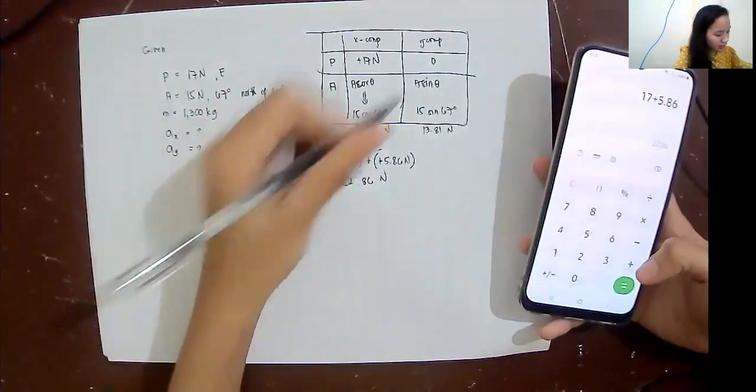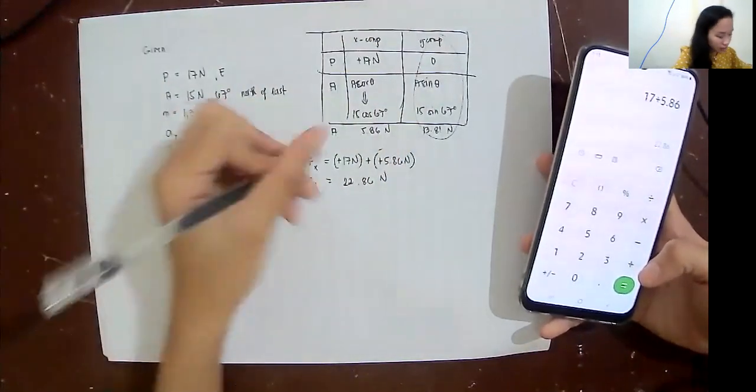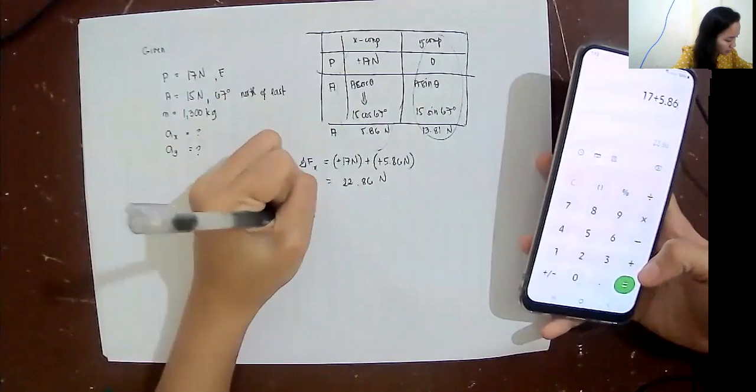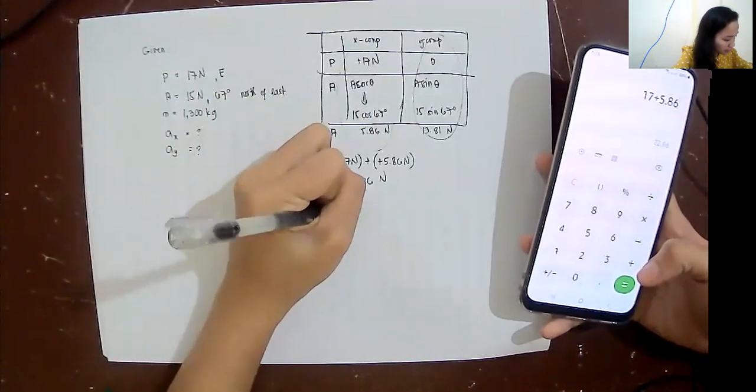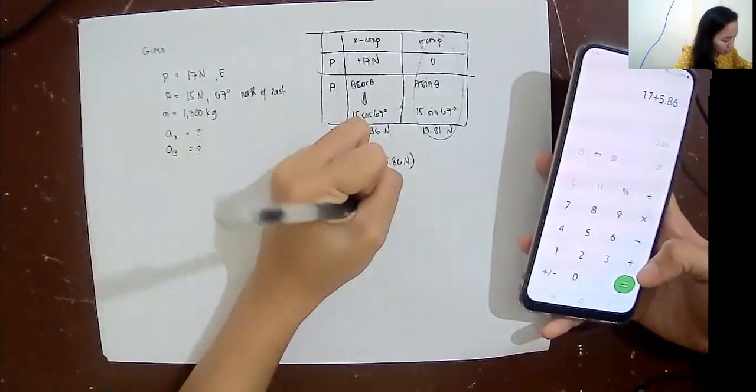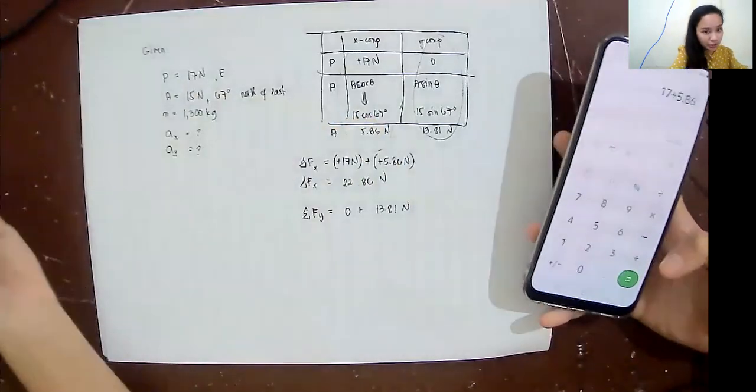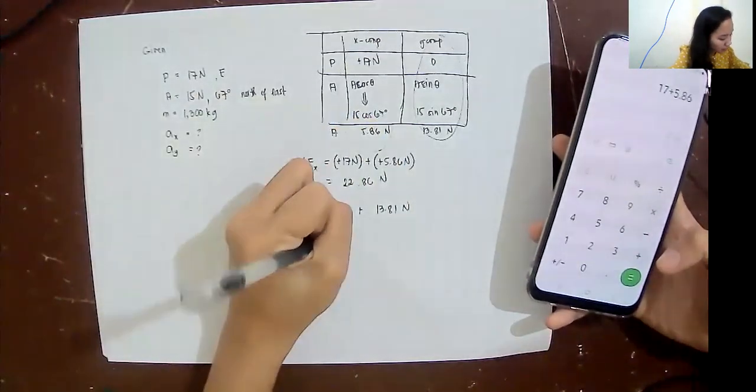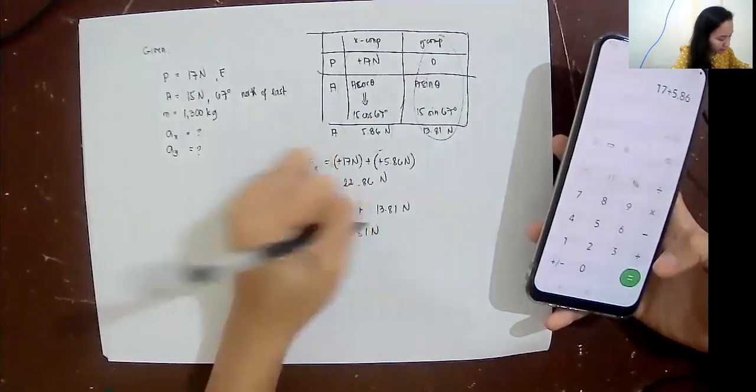And then along Y, you also add these. So this is along Y. That's 0 plus 13.81 newtons, which is equivalent to 13.81 newtons.